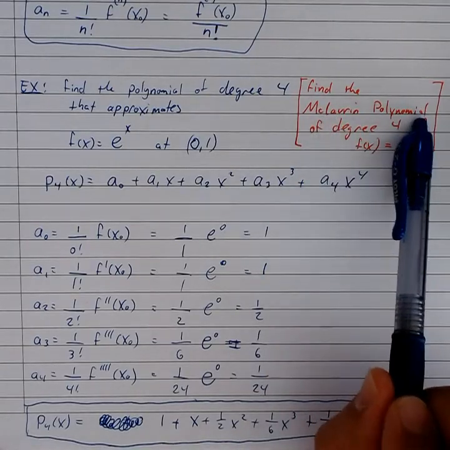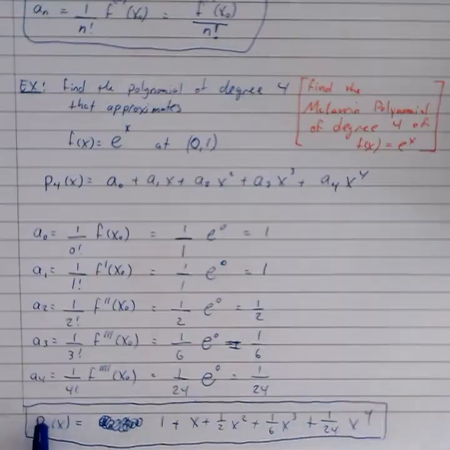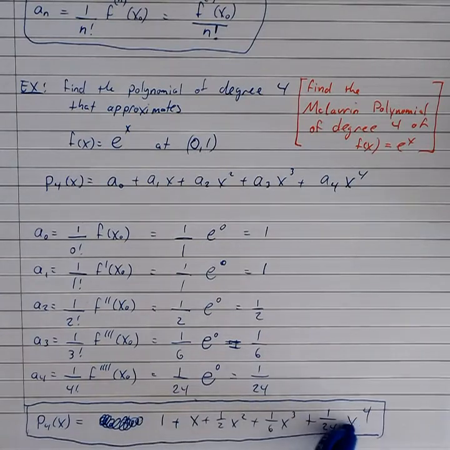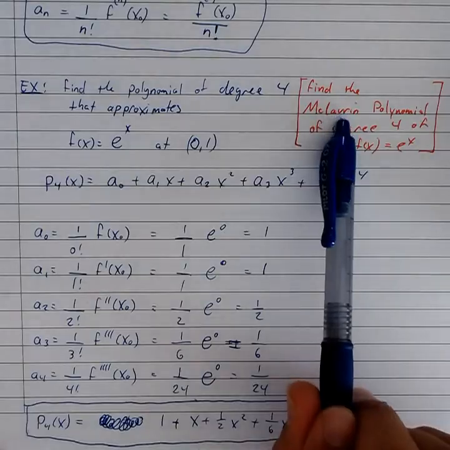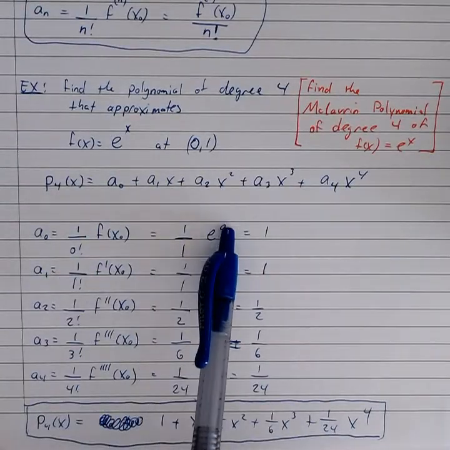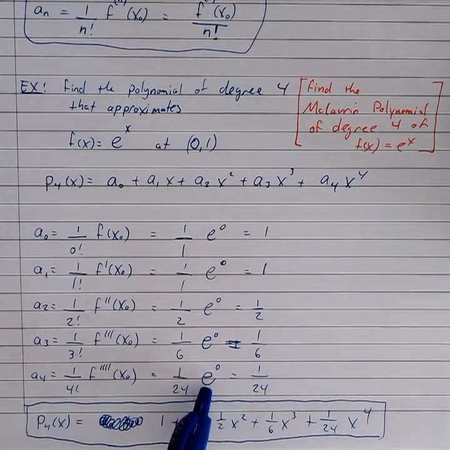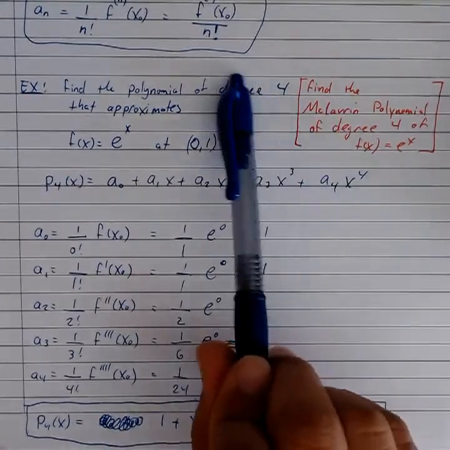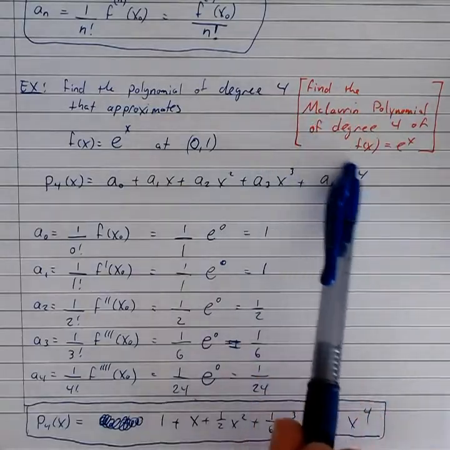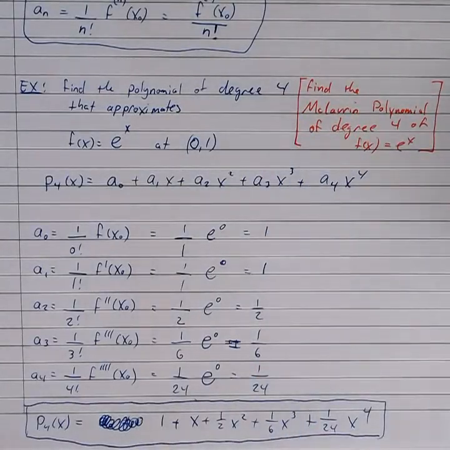By finding a Maclaurin polynomial of degree 4, we know we want a polynomial of degree 4. And we know that because it's a Maclaurin polynomial, these coefficients are all going to be found by evaluating the derivatives specifically at 0. All right?